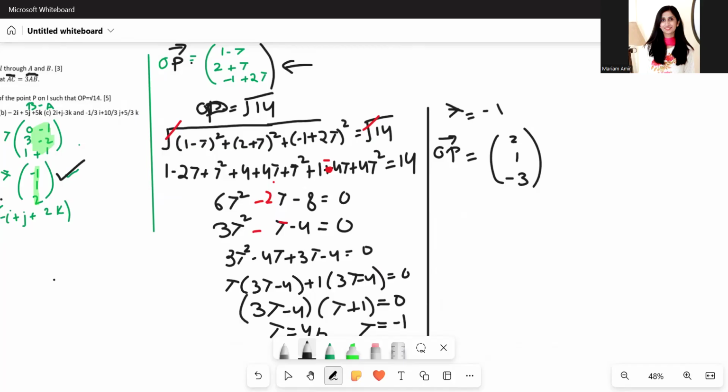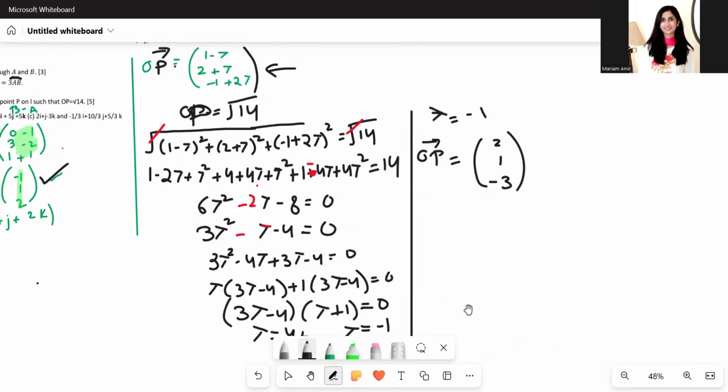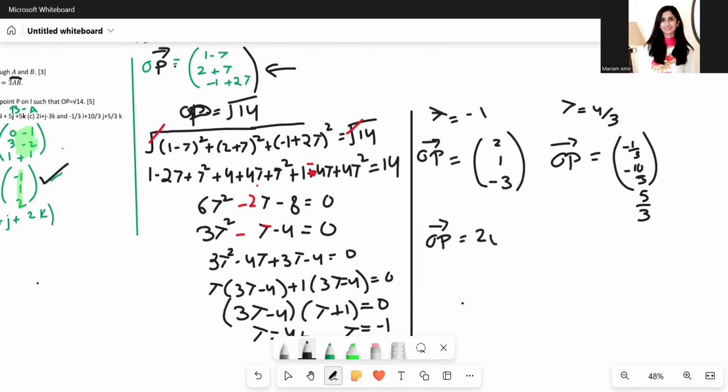And when lambda is the other value, which is 4 over 3, we will get OP equals (-1/3, 10/3, 5/3). Now write these as position vectors: OP equals 2i plus j minus 3k, and OP equals minus 1 by 3 i plus 10 by 3 j plus 5 by 3 k.